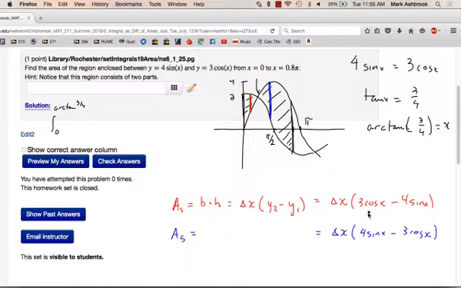Why is it 3/4? Because I'm dividing by cosine, I'm dividing by 4. Oh, you see it? Yeah.